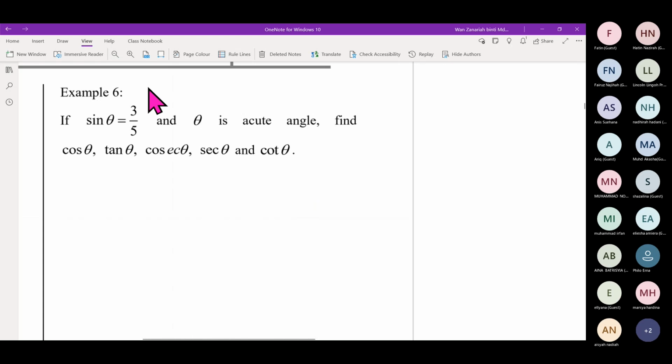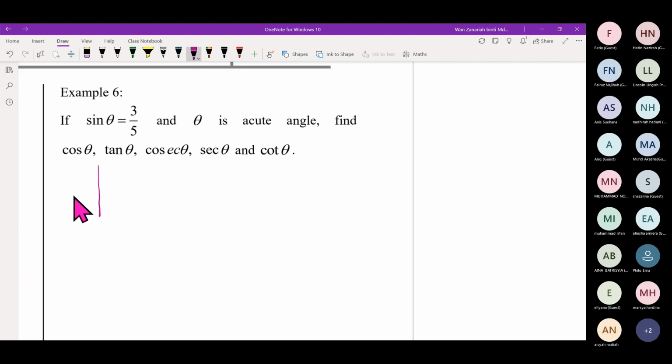Okay, let's try this question. Sin theta is equal to 3/5. So now you are given the sides. So let's do it. Some students asked why Madam drew it in the first quadrant.